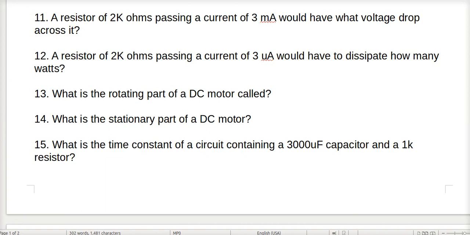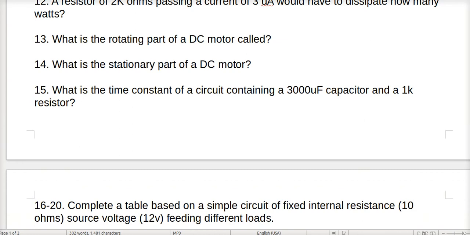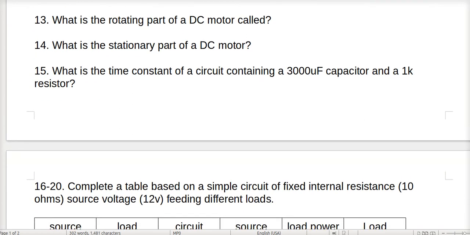So we do a little basics, and then we go back into some new terminology. There is a part of a DC motor that spins, and what is it called? Over the course of your career and your life, you will probably hear it called many different things.